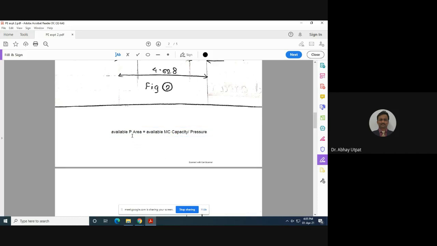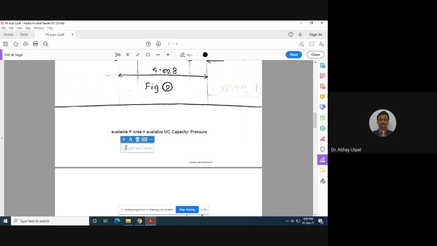So available projected area, how to calculate? Available machine capacity. In market, I have assumed that 30 ton is available. Somebody of you may assume that 25 ton may be available. A third person may assume that 28 ton may be available. So accordingly, what machine is available in the market? If you consider 30 is available, so 30 divided by 700.